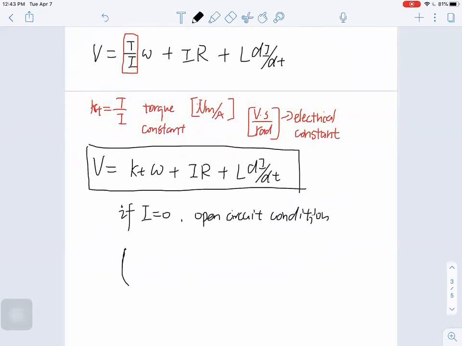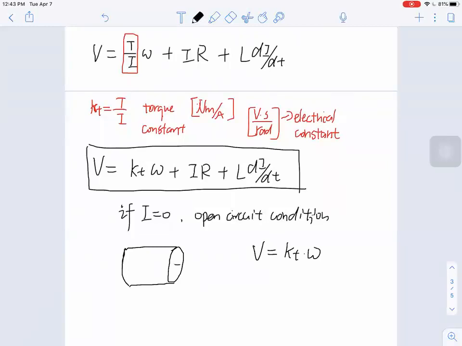Since this is open circuit, no current, both the second term and third term go to 0. Right, so let's rewrite this: V equals just KT times omega. That's under the open circuit condition.